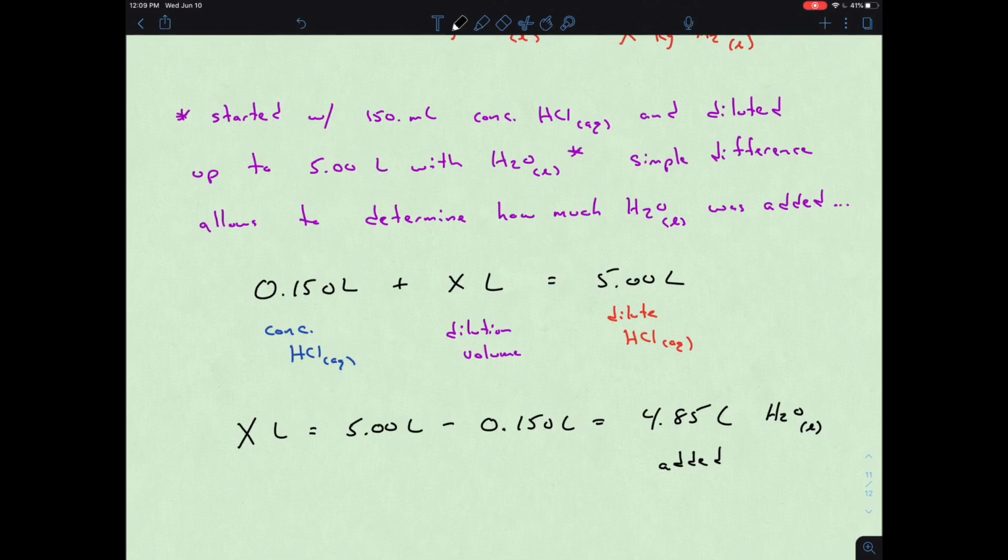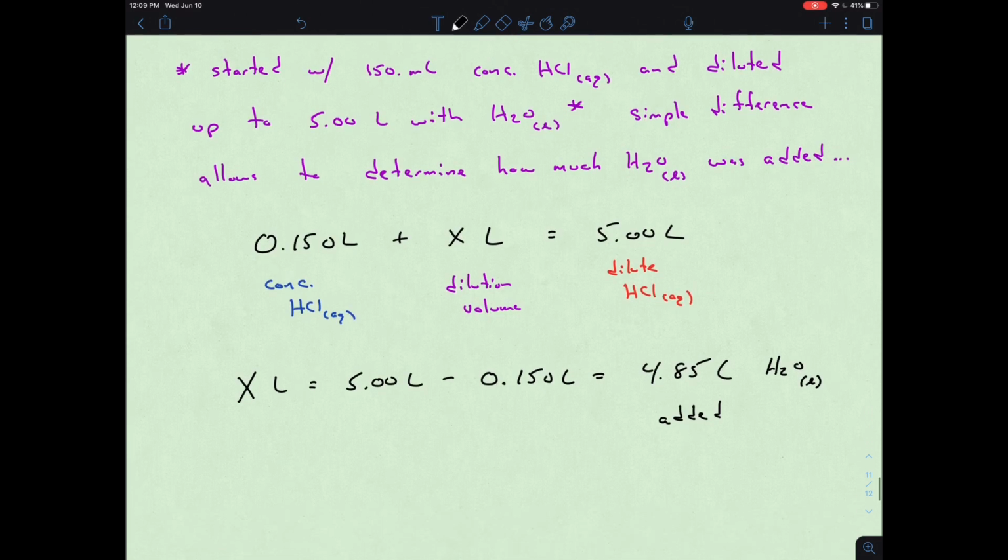So there's our volume of the water that we added during the dilution, and we can then convert that to our mass of H2O by basically using the density.